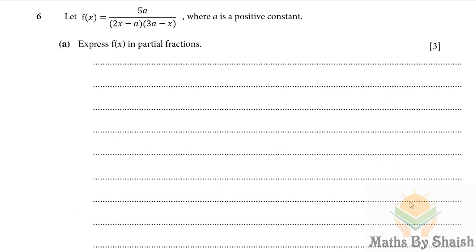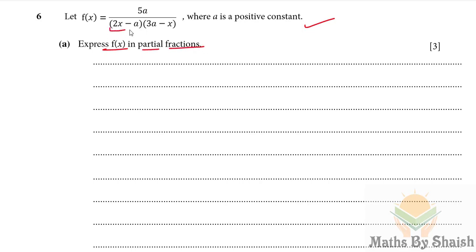And here is question number 6. Let f(x) be 5a over (2x minus a) times (3a minus x), where a is a positive constant. Express f(x) in partial fractions.